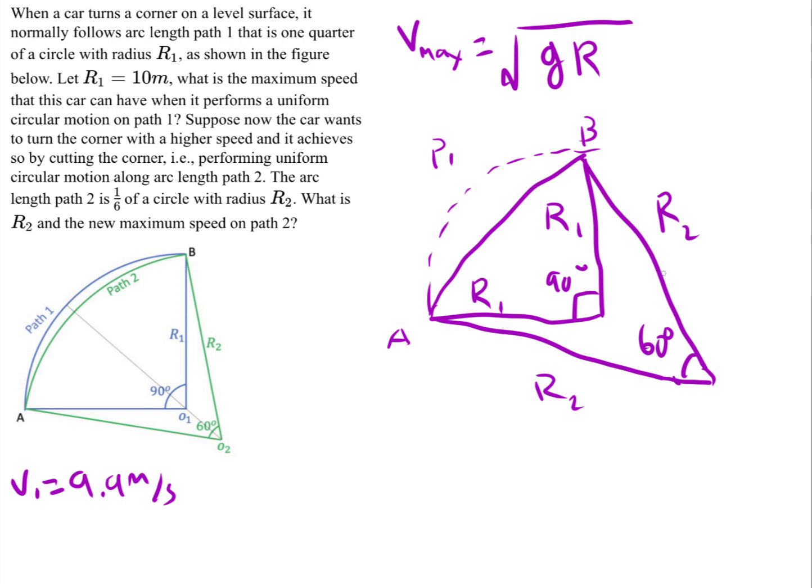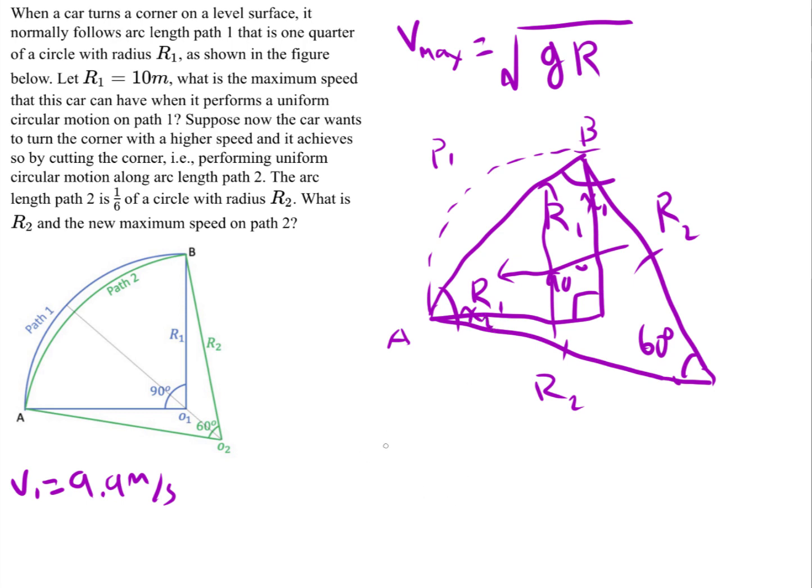The triangle with side length radius R2 is going to be an isosceles triangle, since these two sides are congruent to each other. There's an isosceles triangle theorem, which says that the angles opposite the congruent sides are also congruent. So these two angles are congruent, and I'm going to call their measures x1 and x2.